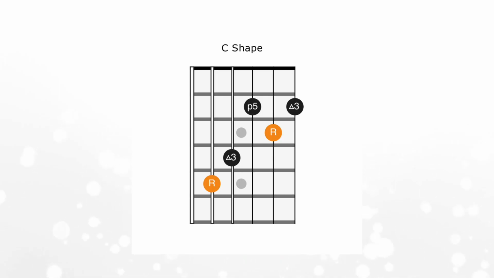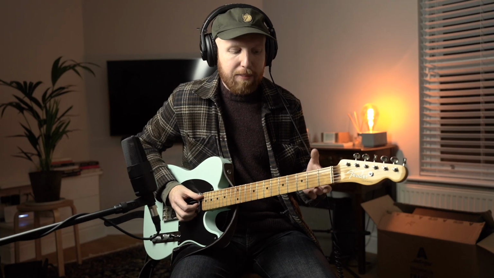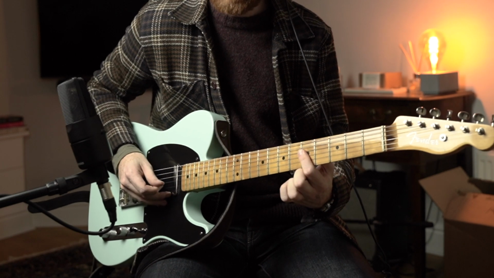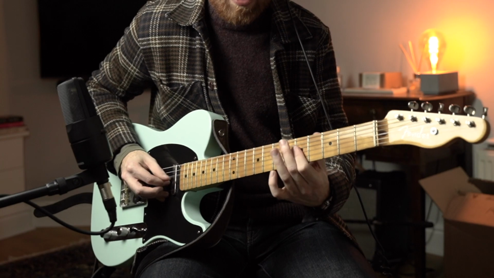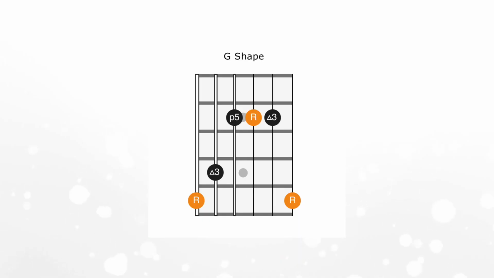If we then move up to the letter A, well, that is using a C major triad, but using a chord shape that is similar to an A major open chord, and that would be located on the 5th fret. So we've got C, A, then we've got G, so that's taking a G major shape.